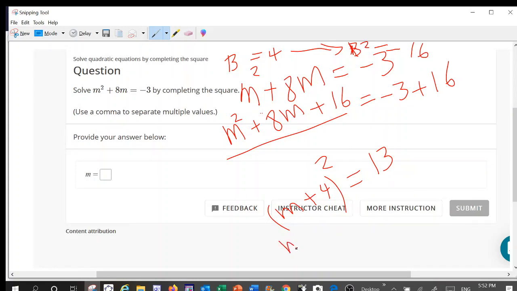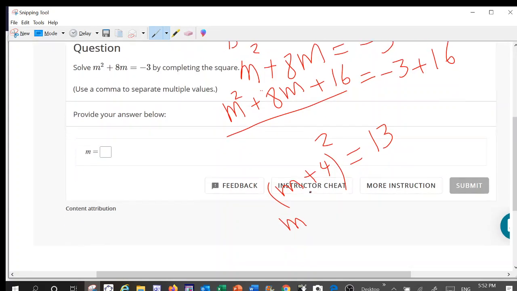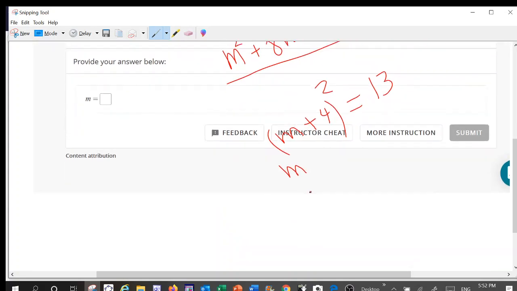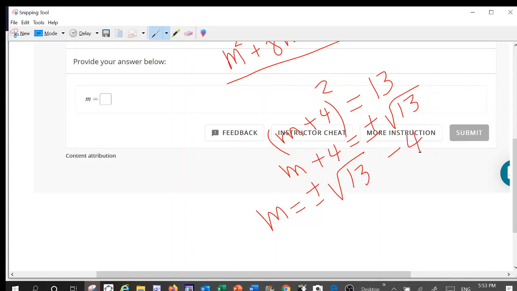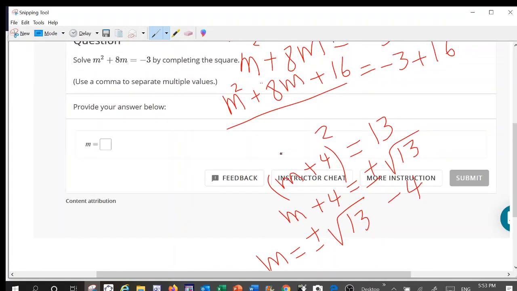So what I get is m plus 4 equals to plus and minus square root of 13. So m is going to be plus and minus the square root of 13 minus 4, right? And that's what the answer is.